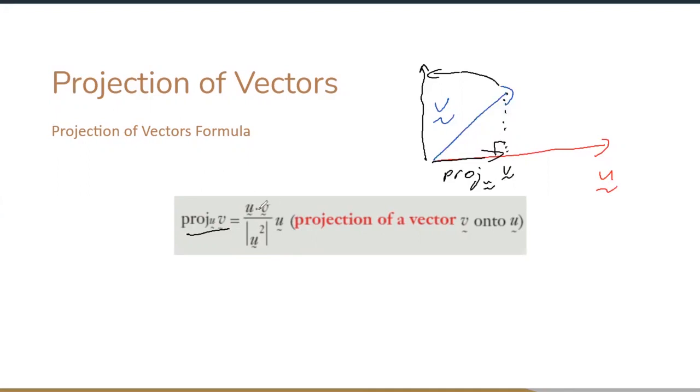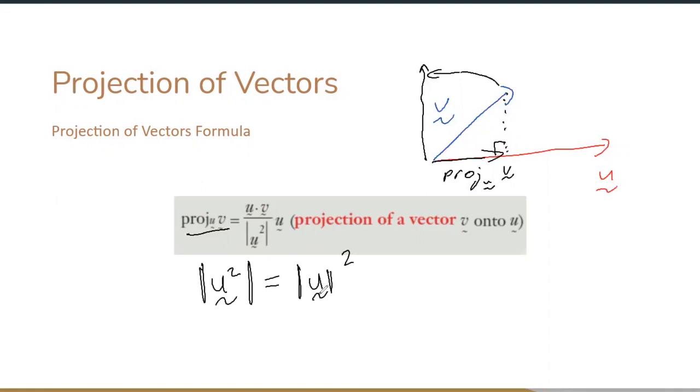And so it's given by this formula where we have the dot product on top divided by the magnitude of u squared. But if we square u and then find its magnitude, that's the same as finding the magnitude of u and then squaring it. Now, why do I make that distinction? It seems pretty arbitrary, but we can find the magnitude of u really easily if we're given the coordinates, because we've got that formula that does precisely that.